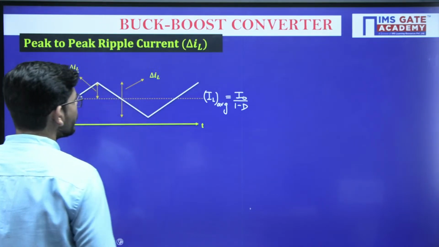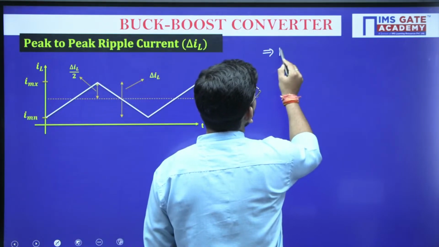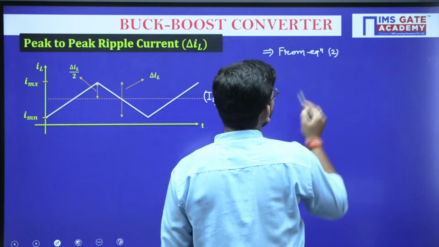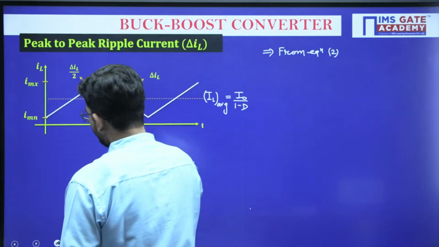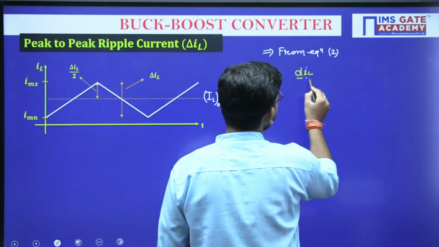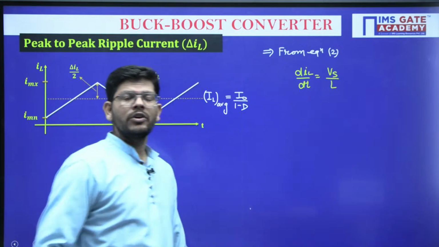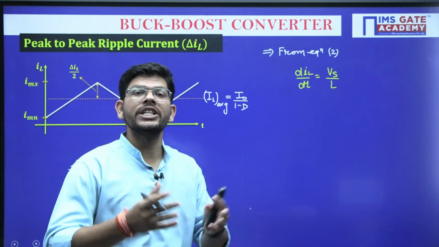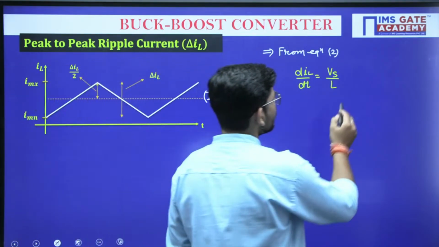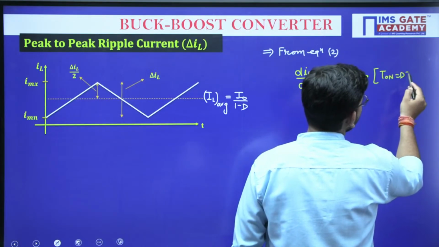Now to calculate the peak to peak ripple current, from equation 2, what was equation number 2 for us? Equation number 2 says that dIL by dt equals Vs over L. Now dIL represents the change in inductor current, and this equation is for the on time, which is equal to dT.